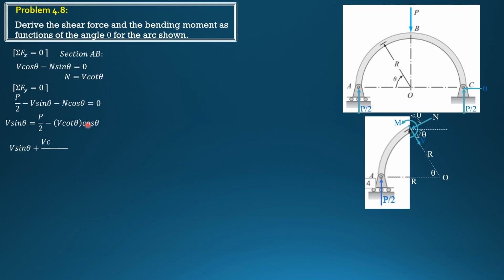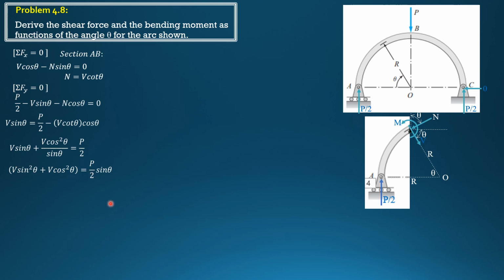So V sine theta equals P over 2 minus the value of N, which is V cotangent theta times cosine theta. So simplifying, V sine theta plus V cosine square theta over sine theta equals P over 2, because cotangent is cosine over sine. So transpose this to the left.